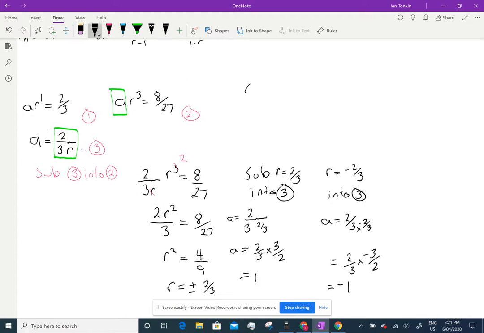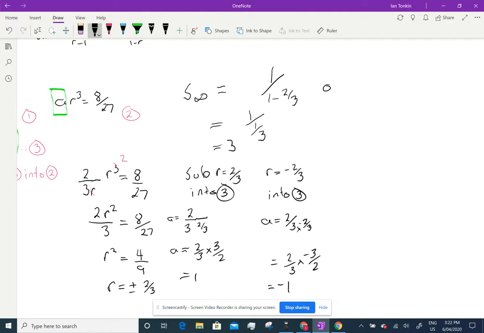Therefore, S of infinity equals a over 1 minus r, which is 1 on 1 minus 2/3, which equals 1 on 1/3, which equals 3. You do that on your calculator.